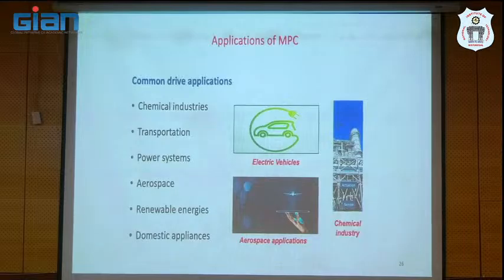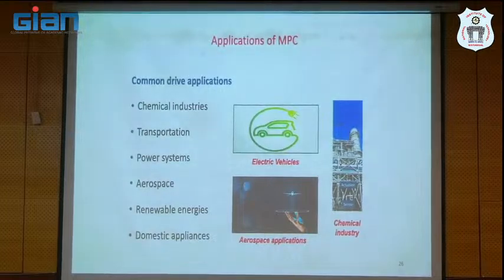Initially, this model predictive controller was adopted in chemical industries. Why did the chemical industry adopt it? Preciseness. Whenever they want to test some chemical reaction, it will take some time.